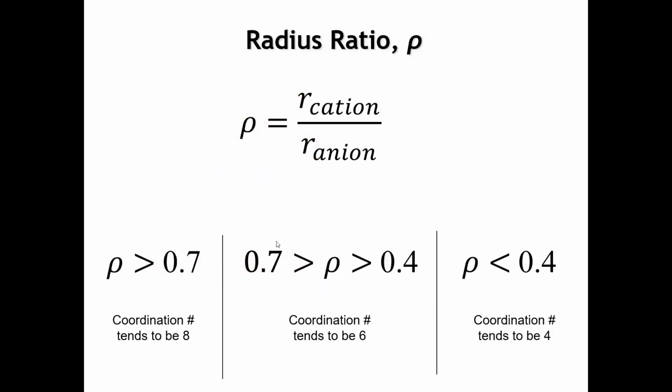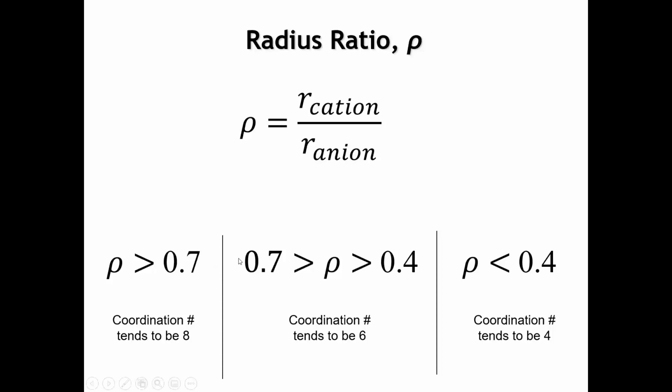A long time ago, in the early part of the 20th century, Linus Pauling said, all right, we can just take the ratio of the size of the cation and divide by the size of the anion. With that geometry that I just walked you through, you come up with the conclusion that when this ratio, rho, is bigger than 0.7, we could fit 8 anions around the central cation.